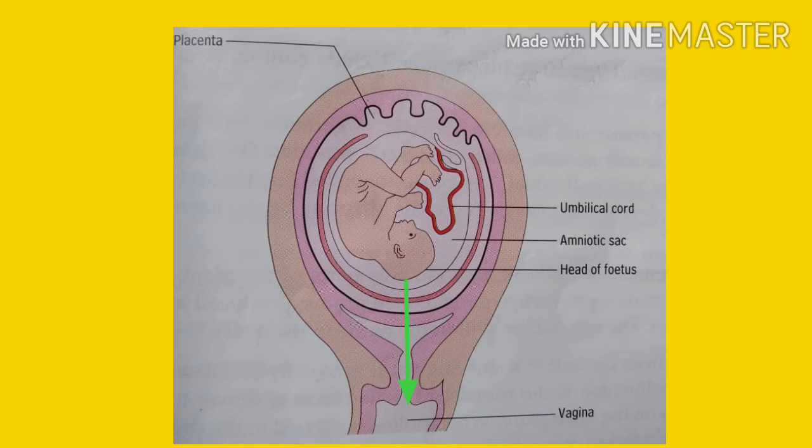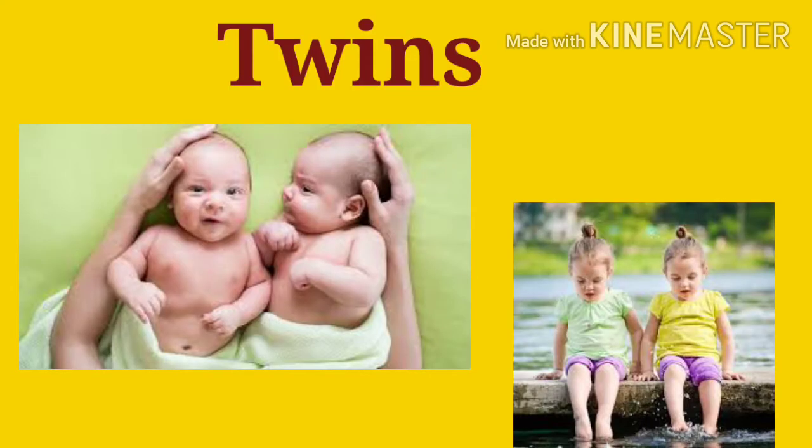Students, you might have heard about twins. Can you tell me how these twins are produced? Twins are produced either by fertilizing two separate eggs by two separate sperms, or they are also produced by dividing a single fertilized ovum.